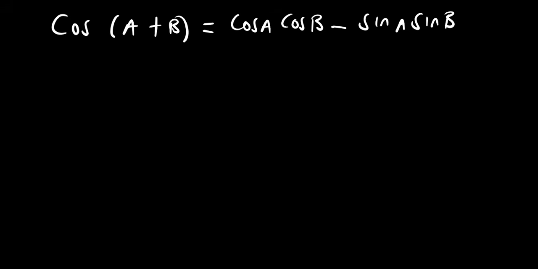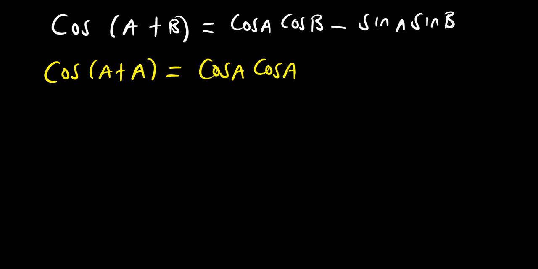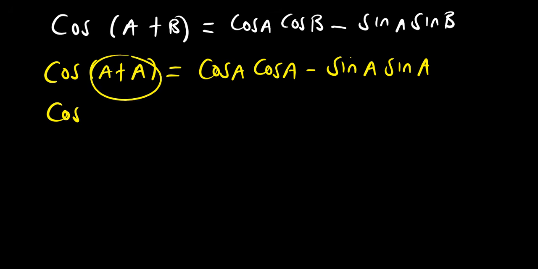Now like the earlier one that we did, what if you've got cos of A plus A? You're going to have cos A cos A minus sin A sin A. A plus A in the bracket just gives us 2A.